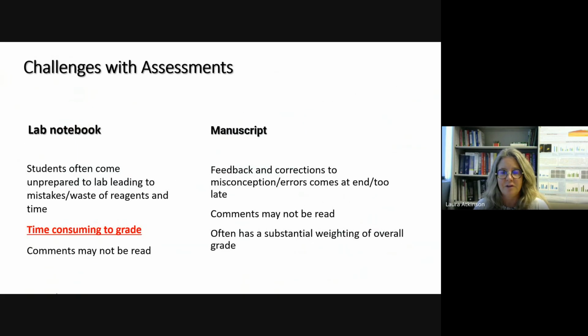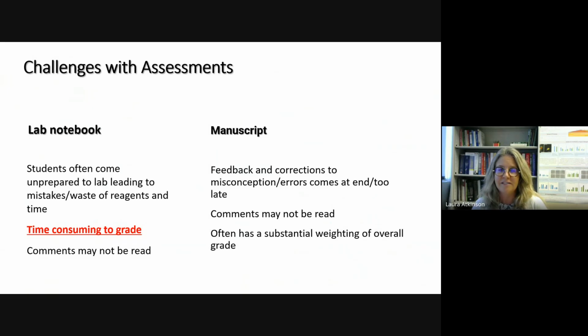Well, I found that there were significant challenges with the assessments. In terms of the lab notebook, the students often would come unprepared to the lab. Now, remember, in this process of developing protocols and carrying out experiments, I'm not giving them the protocol. They're expected to come to lab ready to do the experiment.